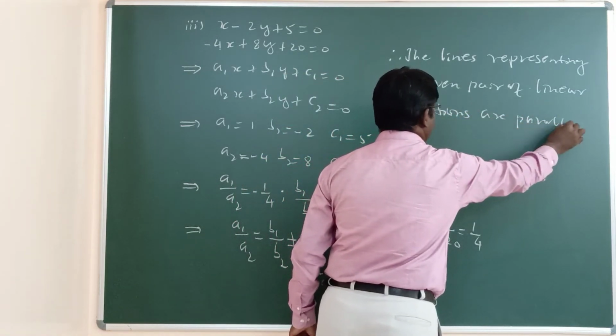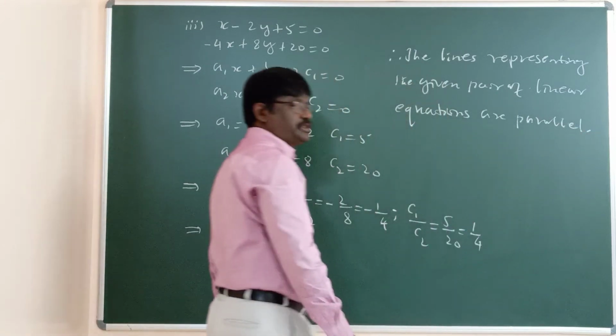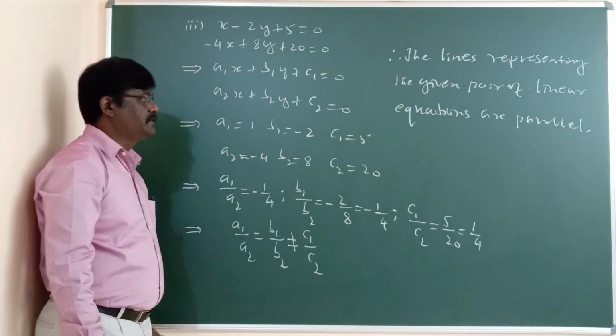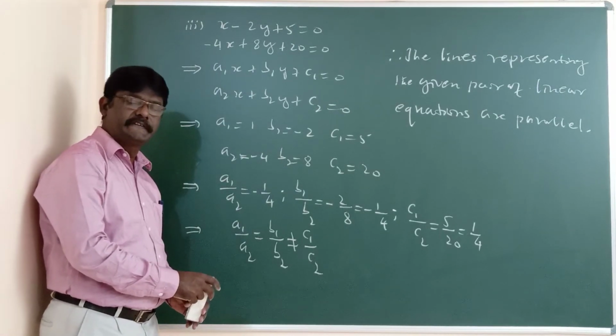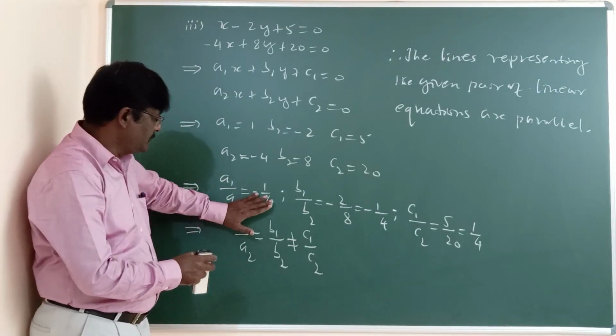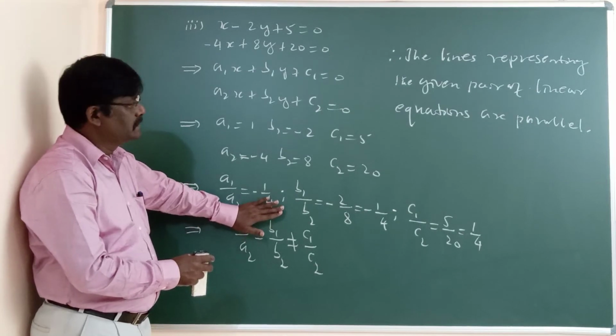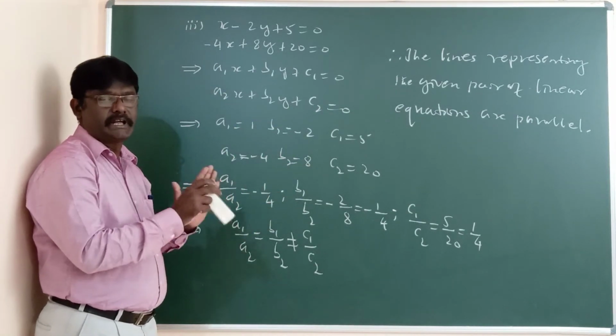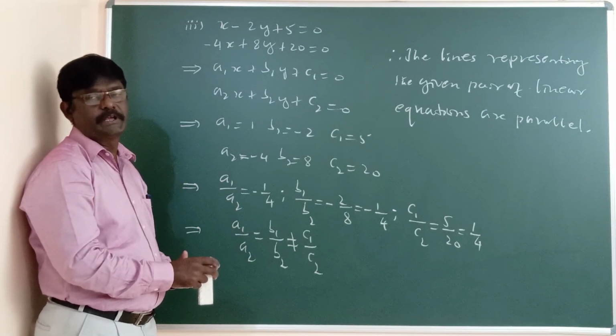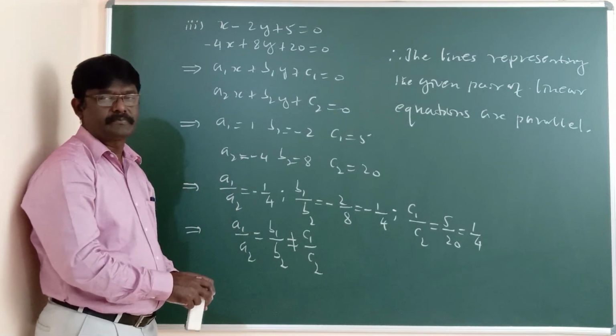Parallel means what? No solution at all. But here we are asked just whether the lines are intersecting, coincident or parallel. By studying the ratios easily, we will be able to identify the type of graph or the type of lines.